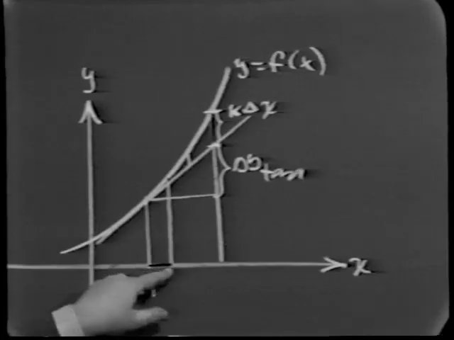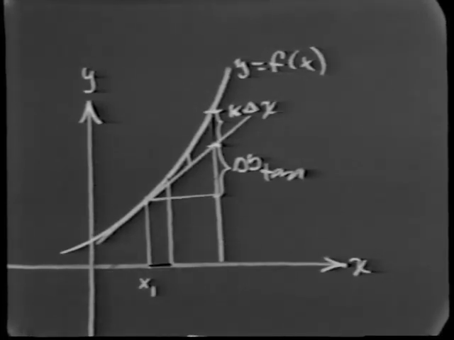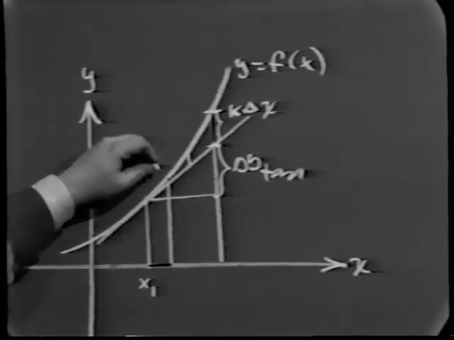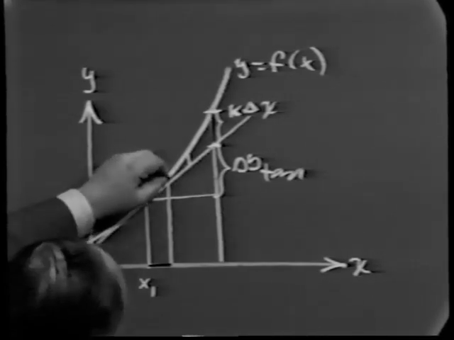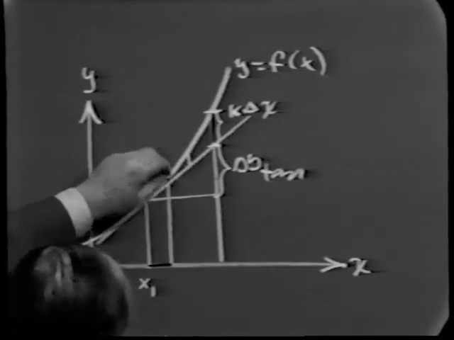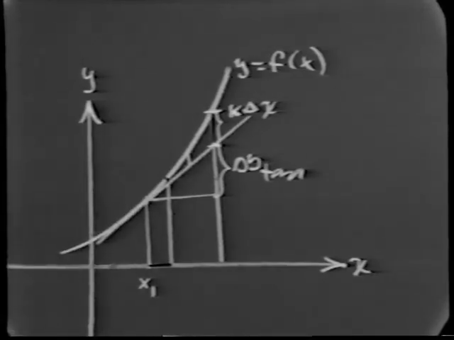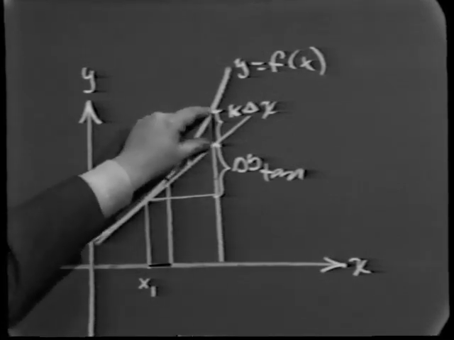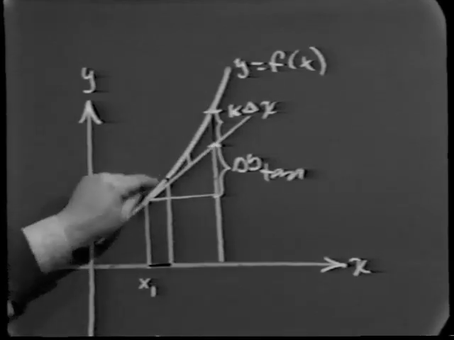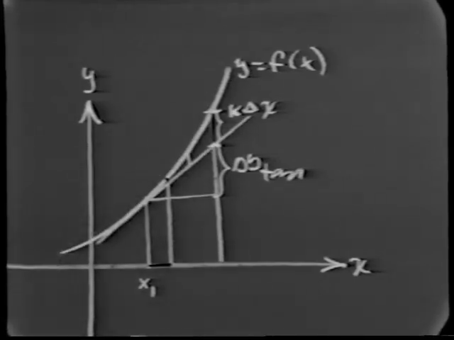I think if you look at this, you can see it's a fairly significant length. On the other hand, notice what the difference between delta y and delta y tan is now. It's just this little tiny thing over here. In other words, notice that as delta x gets small, ratio-wise, the vertical difference between the tangent line and the curve is getting small at a much faster rate.